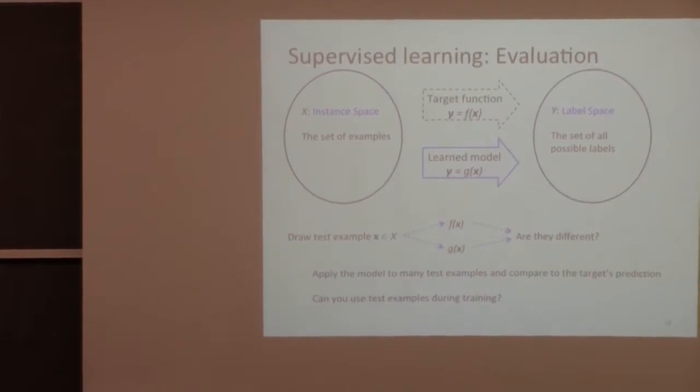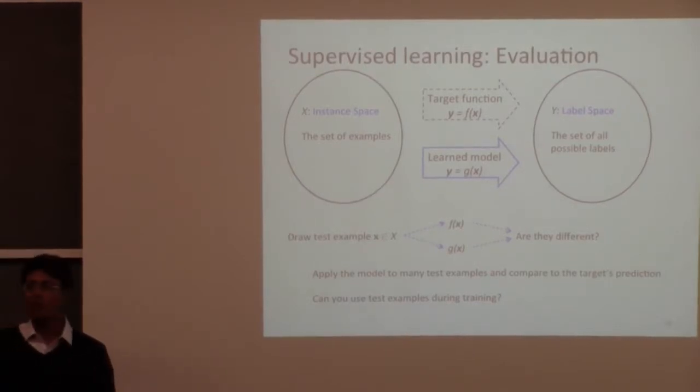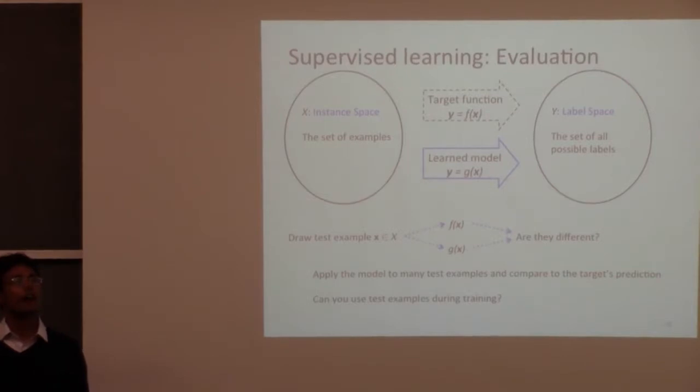And if you do that enough number of times on examples that you've never seen before, that you did not use for training, that's a measure of that model being good. And very often I'll use the words model and classifier interchangeably. When I say classifier, I mean the function g.